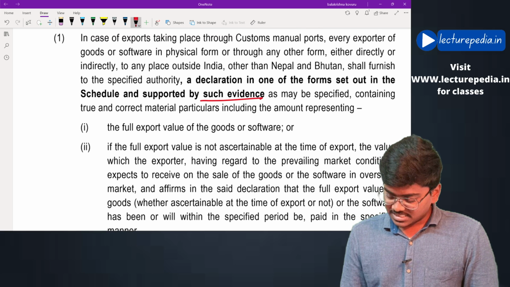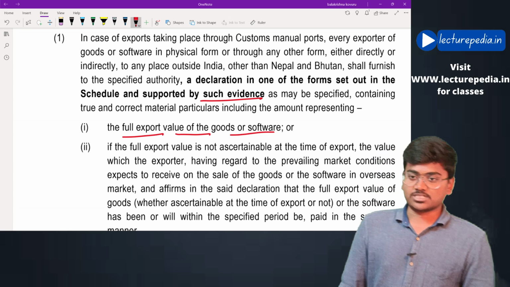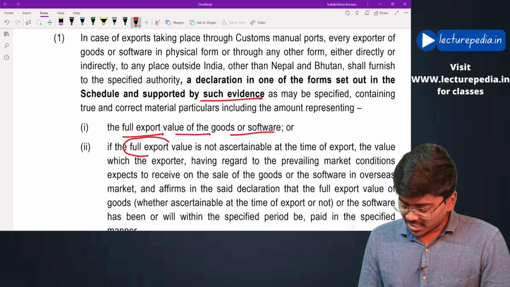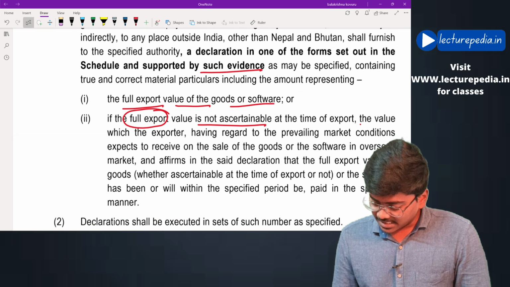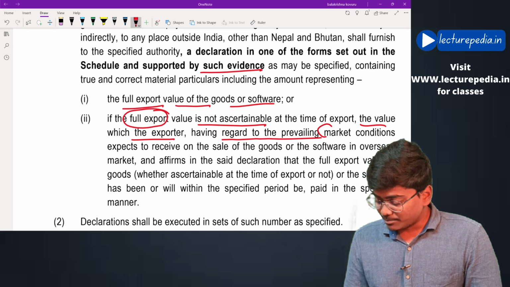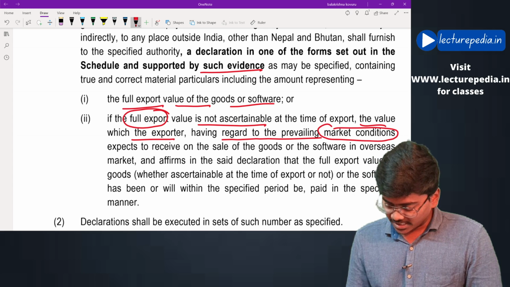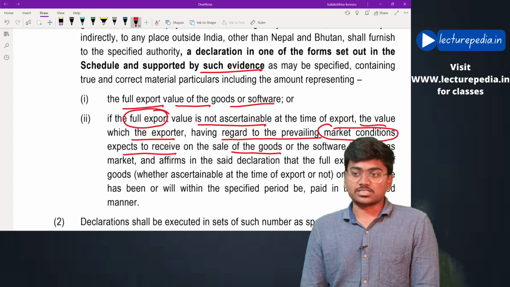See, such evidences regarding the full value of export of goods or services. In case the full value of export is not ascertainable, then evidences regarding the value which the exporter, having regard to prevailing market conditions, expects to receive on sale of goods or services have to be given.